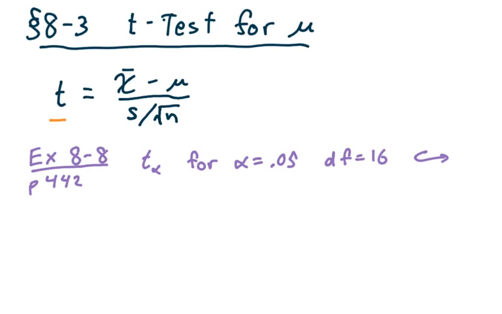I wrote all of that in my shorthand notation. So here we're finding the critical t-value, that's t with a subscript of just alpha in this case. It's not alpha divided by 2 because it is a one-tailed test.